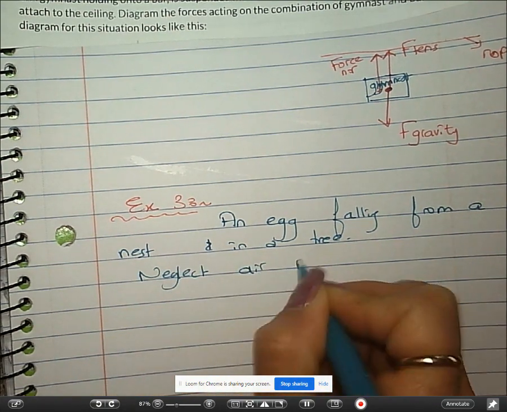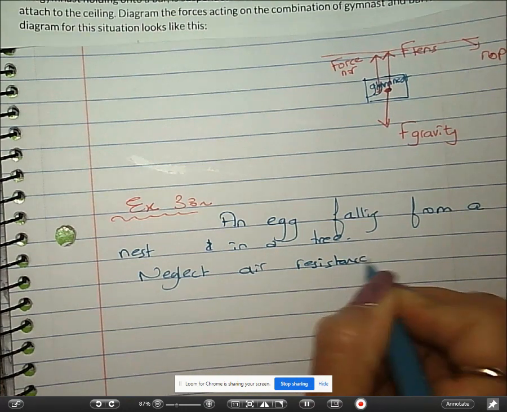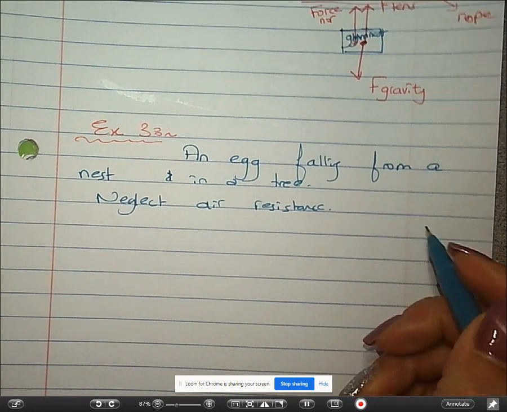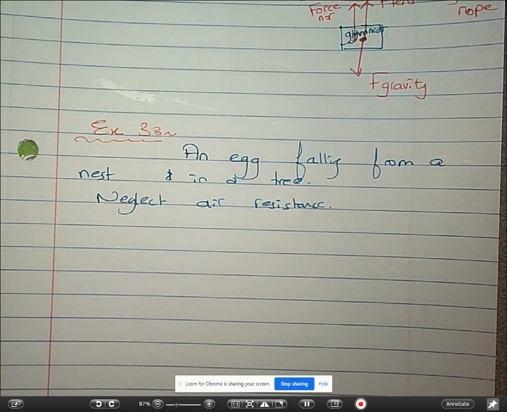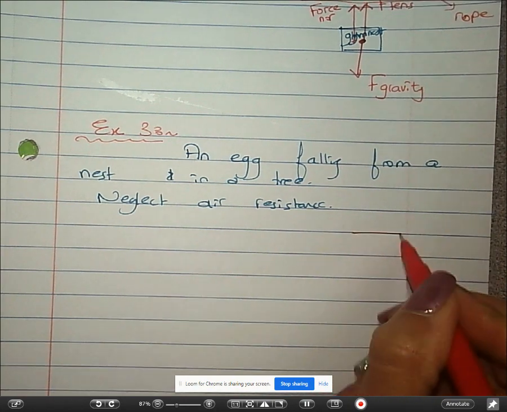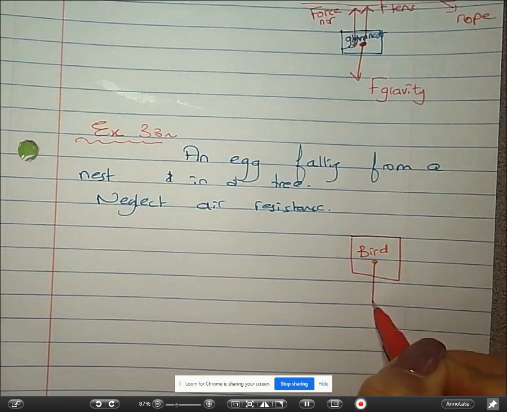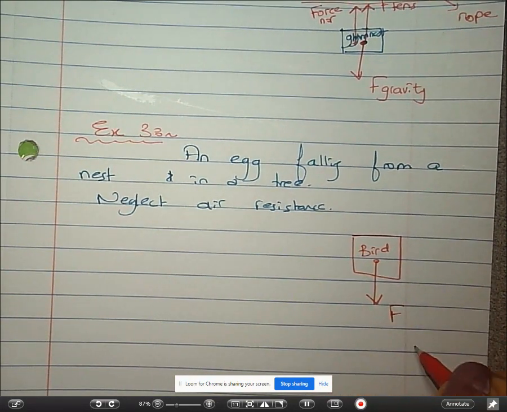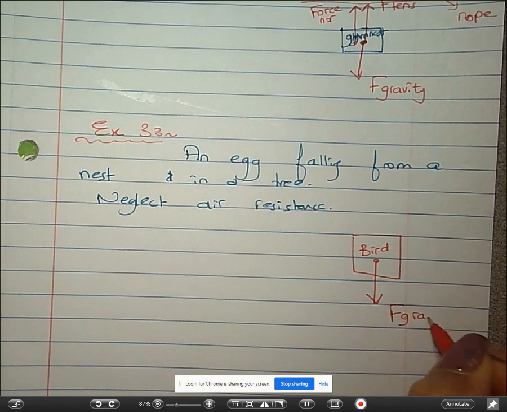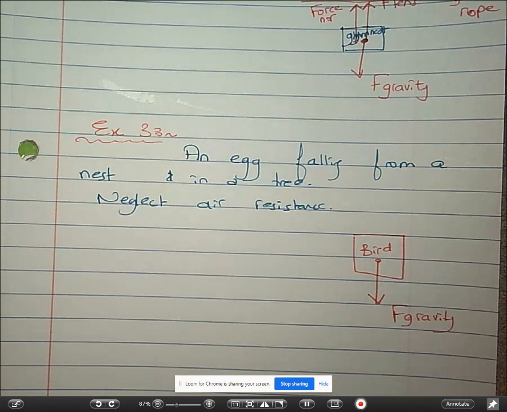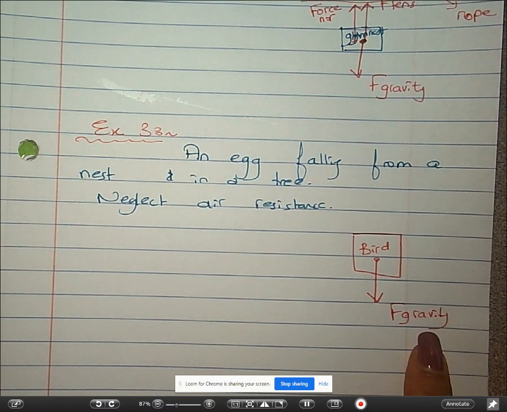What is the free body diagram going to look like? This is the egg, and the egg just fell down, and that is the gravity force. I keep writing the whole thing. It should only actually be F grav, but I just want you to get used to them.